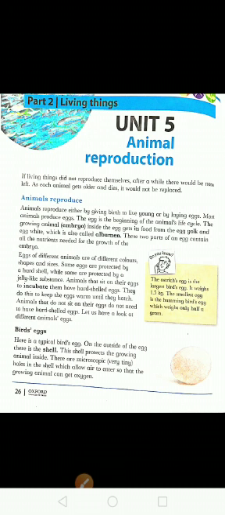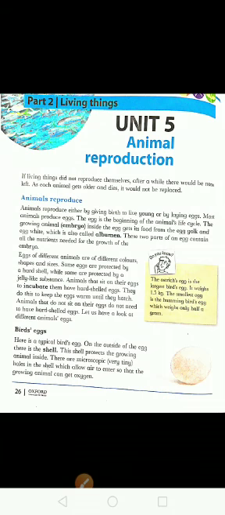Dear students, do you know that the ostrich's egg is the largest bird's egg? It weighs 1.5 kg. The smallest egg is the hummingbird's egg, which weighs only half a gram.